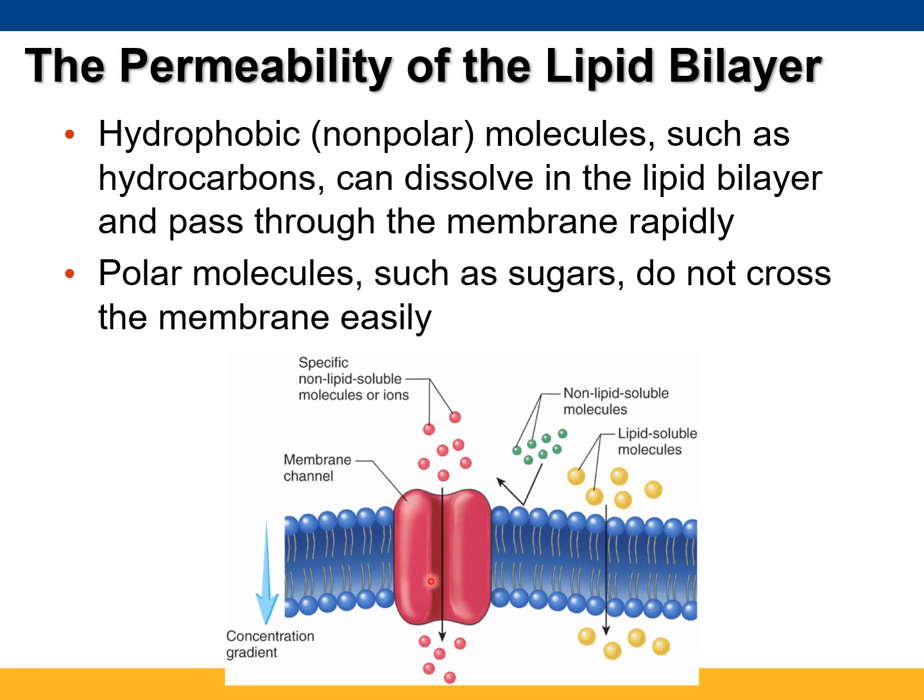Before we get to those transport proteins, we need to talk about what molecules can get through a membrane and what can't. If they're lipid soluble, if they're small and uncharged, they can usually get through the membrane quite easily. Examples include gases. Oxygen, carbon dioxide can move through the membrane quite easily.